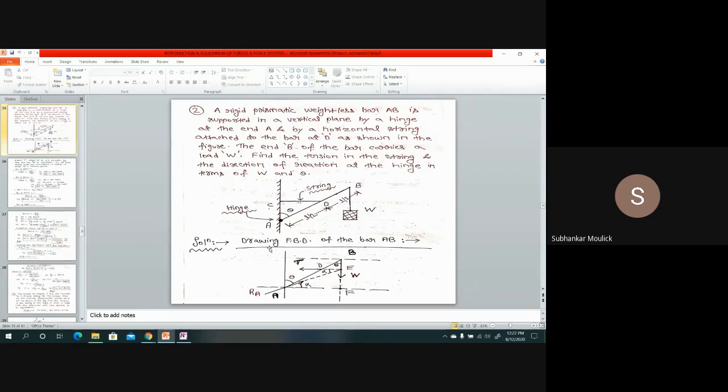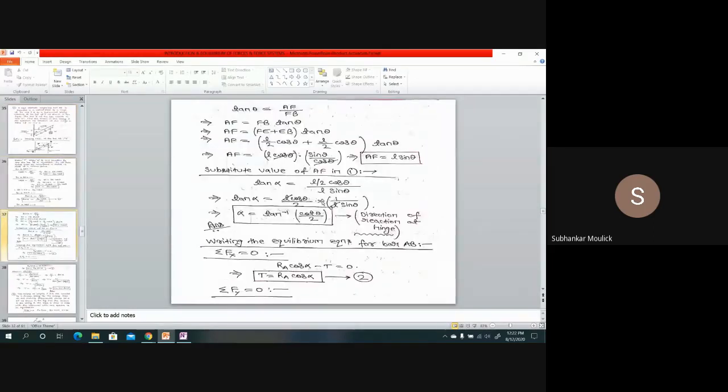If you have found them correctly, then use the proper equation to solve the problem. In this question, nowhere have I used Lami's theorem. Why? Because by using Fx equal to 0 and Fy equal to 0, I can easily solve this problem. And in between there is some geometry and conversions, like writing tan as sine by cos. You need to keep this in mind.